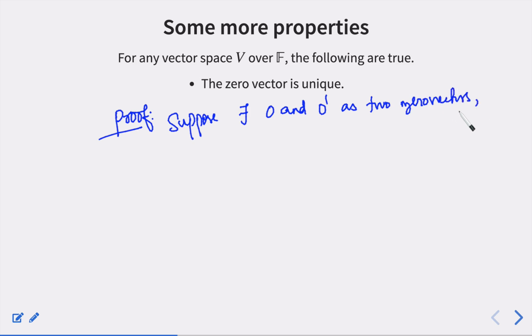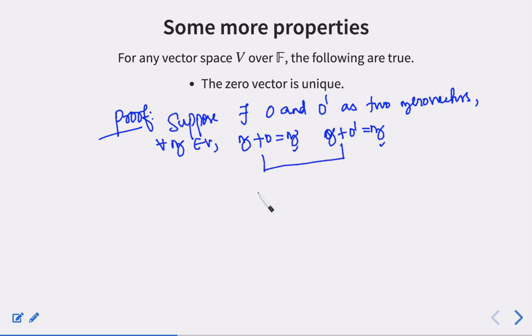Then what does that mean? For every z in V, I know that z plus 0 is also z, and then z plus 0 prime is also z, because 0 is a zero vector, and 0 prime is also a zero vector. Now how do I prove that this zero vector must be unique? You know that this z and this z are the same, so these two must be the same.